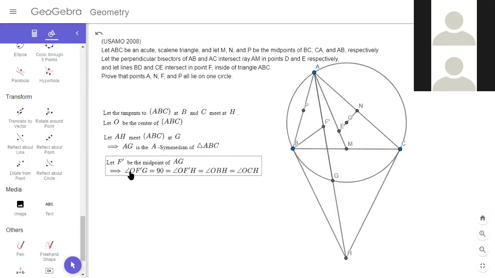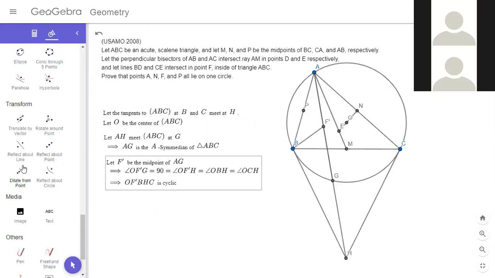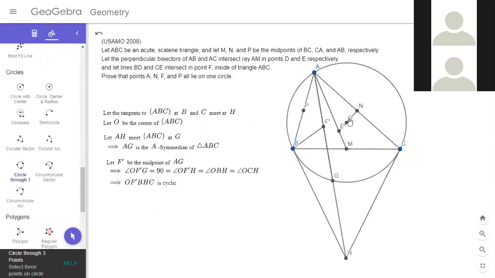And so that means that OF prime BHC is cyclic. So we can draw that in.